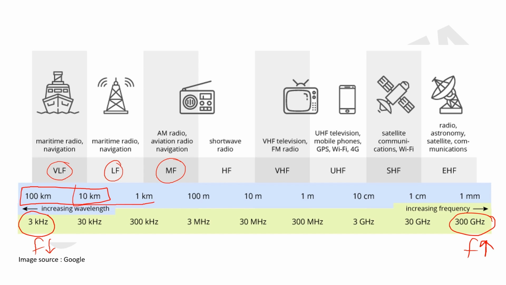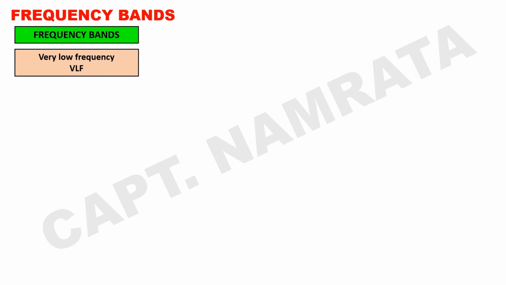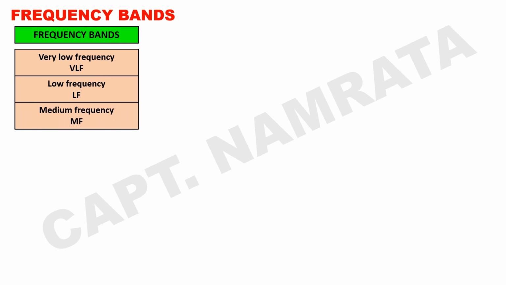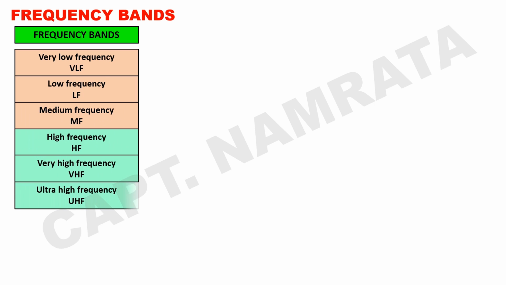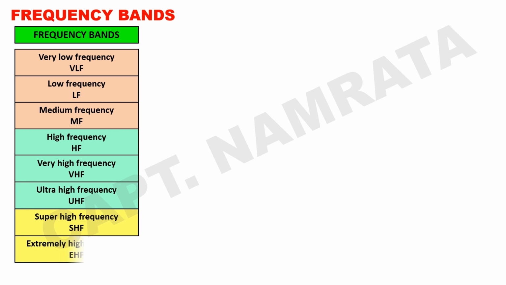We also have radio aids which are operating in these bands only. Let's look at it in detail. So let's see what the frequency bands are. It always starts from VLF, then LF, MF, HF, VHF, UHF, SHF and EHF.